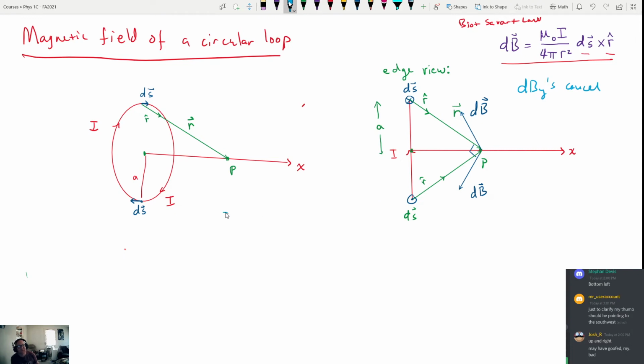So to do that, we can say dBx should be equal to dB times, we need an angle. What angle are we going to use? I think this angle works just fine.